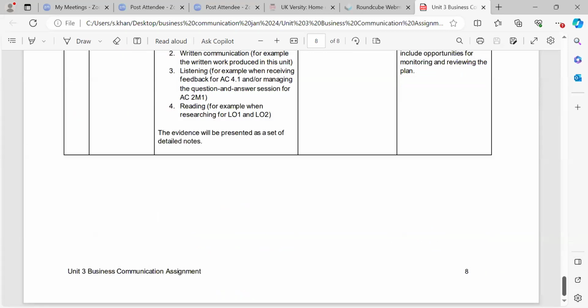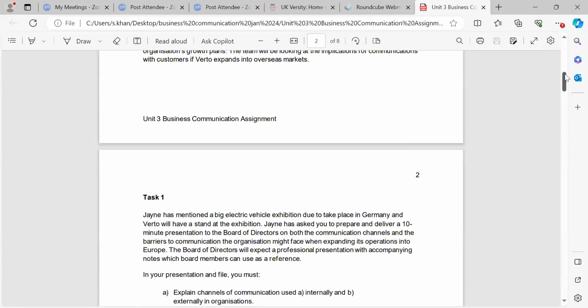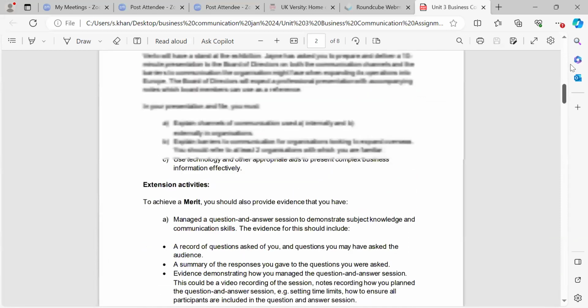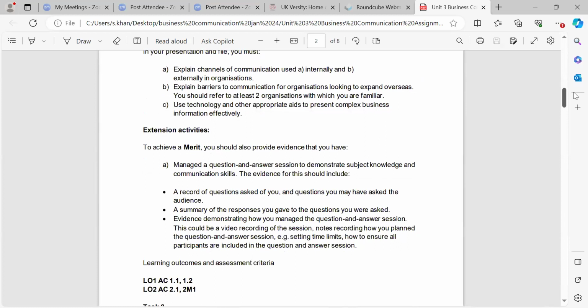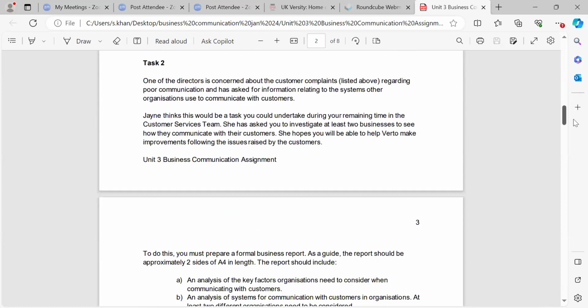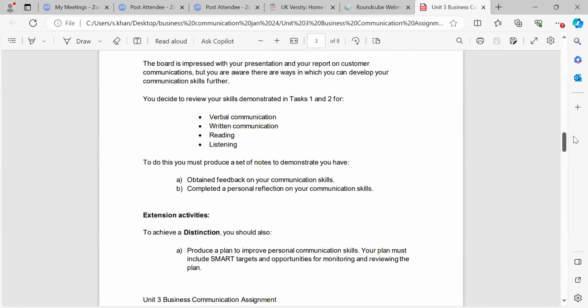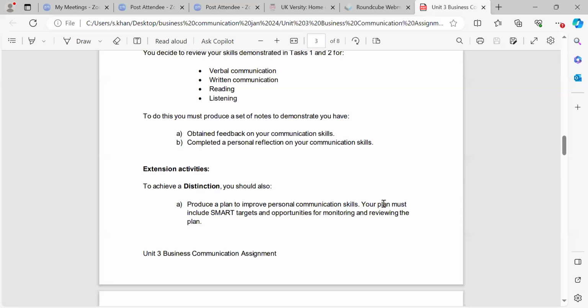So these have gone through learning outcome 1, 2, 3, and 4 in regards to task 1. The scenario, the case study, and then that is reference to task 1 with the extension activities, task 2 with the extension activities, and task 3 with the extension activities to achieve the grade you expect.